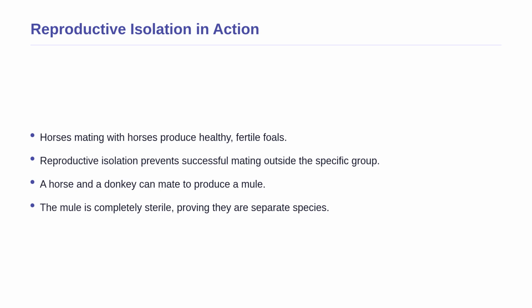However, if a horse mates with a donkey, they produce a mule. While the mule is alive and healthy, it is completely sterile. It cannot have babies of its own. Because the offspring is sterile, the genetic line stops there. This reproductive dead end proves that horses and donkeys remain separate, distinct species.